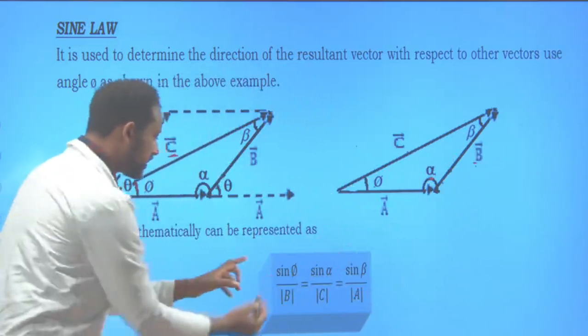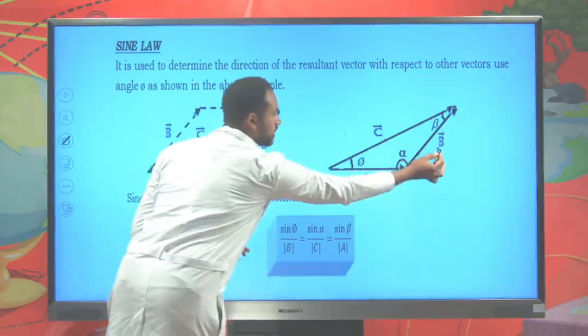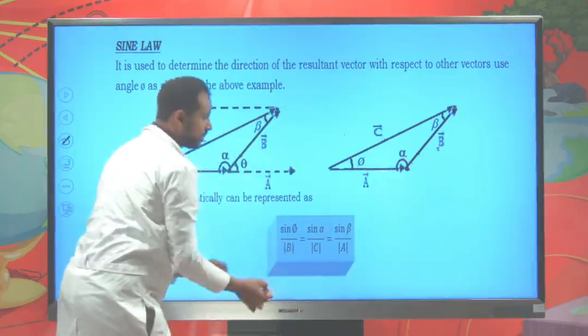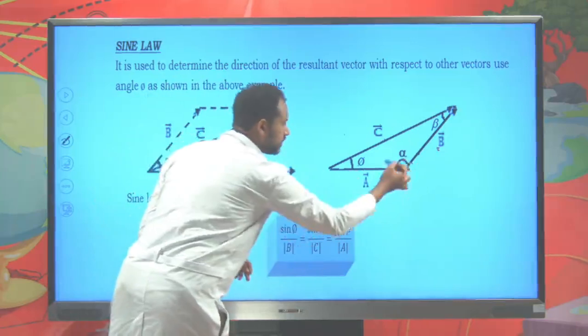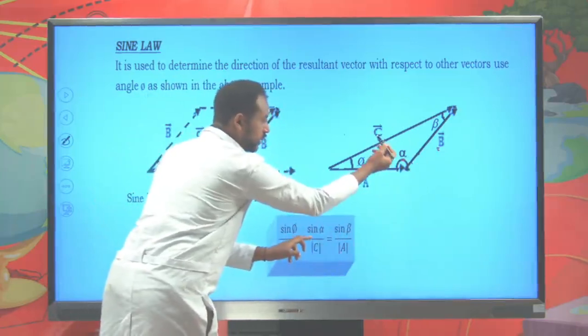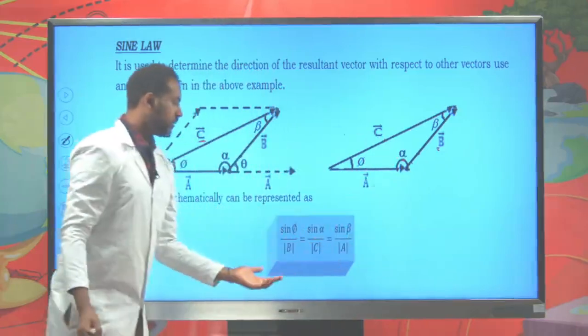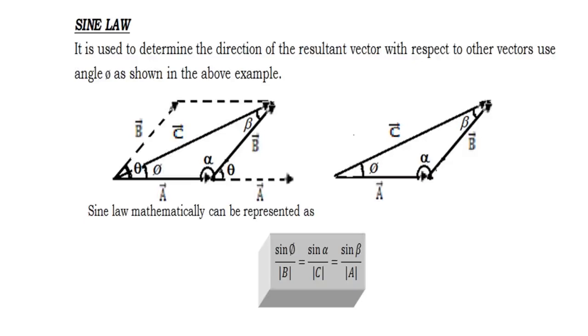Let's see here: sine phi over the opposite side B is equal to sine alpha over the magnitude opposite to it, C, which is equal to sine beta over the magnitude of A. This is known to be the sine law, and sine law is very helpful to determine the direction of the resultant vector.